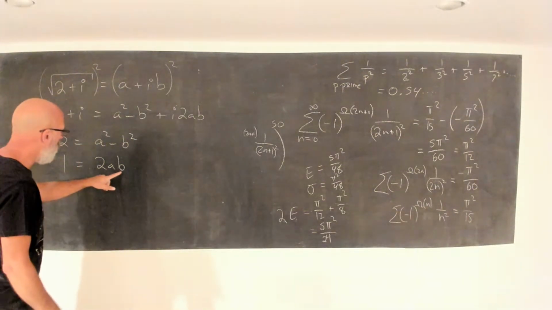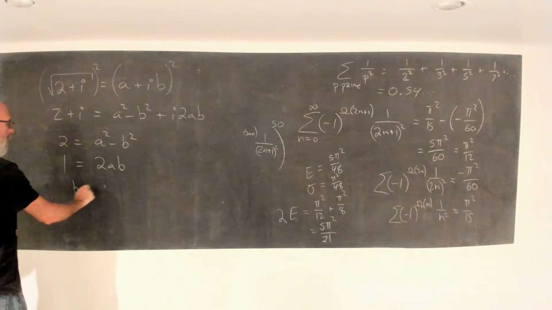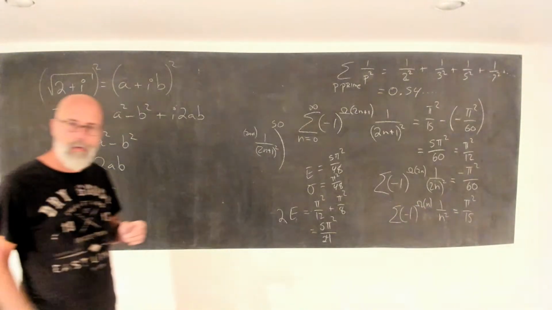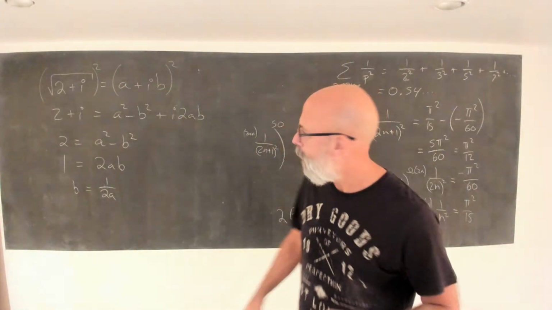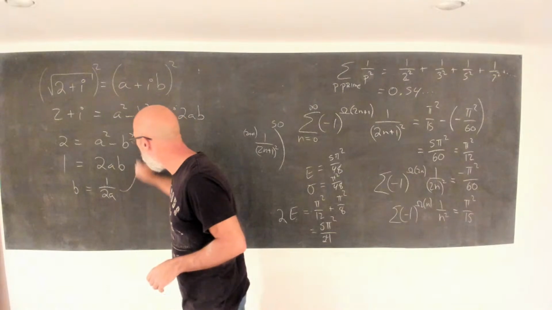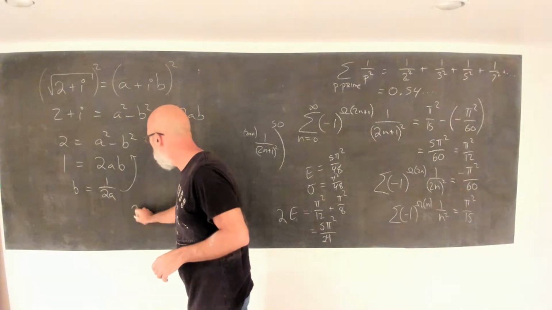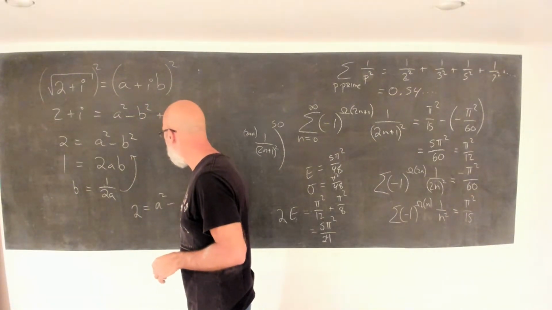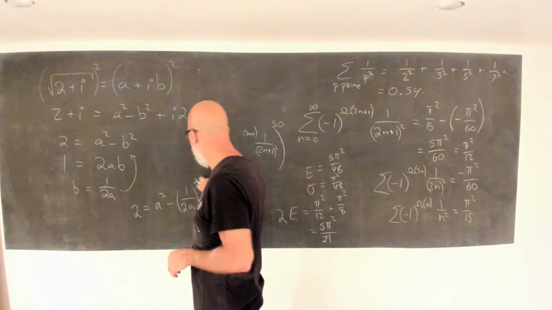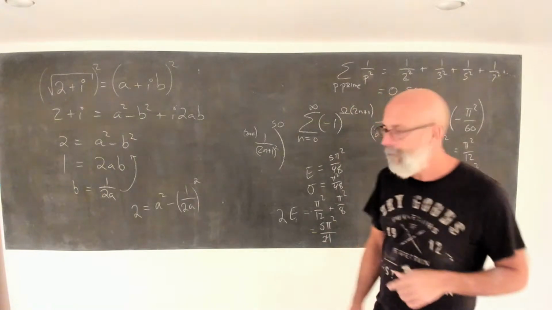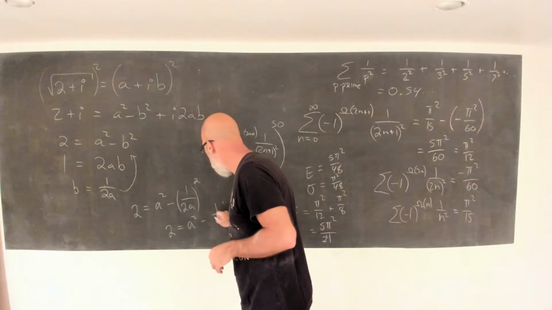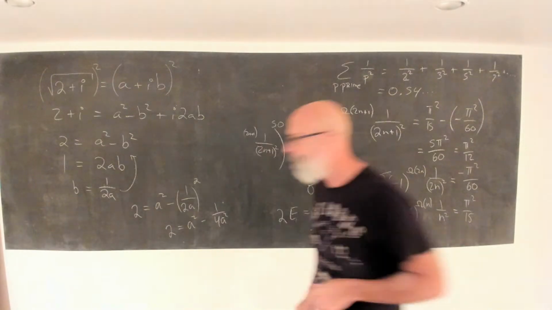And then whatever you want to do, maybe solve for b. The point is you have two equations, two unknowns, so hopefully we're able to solve. When you solve for b, b is 1 over 2a. Plug that into here. So you get 2 is equal to a squared minus 1 over 4a squared.